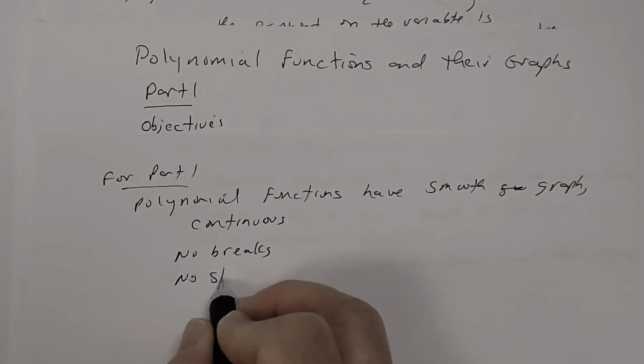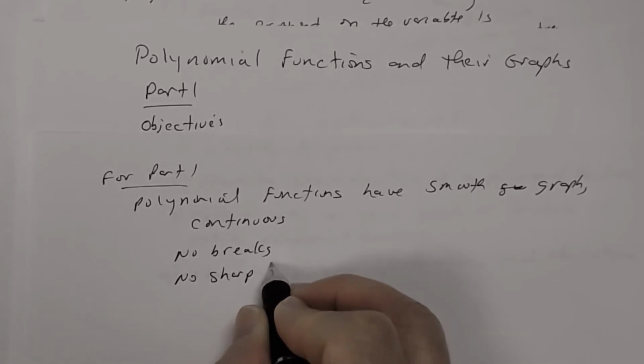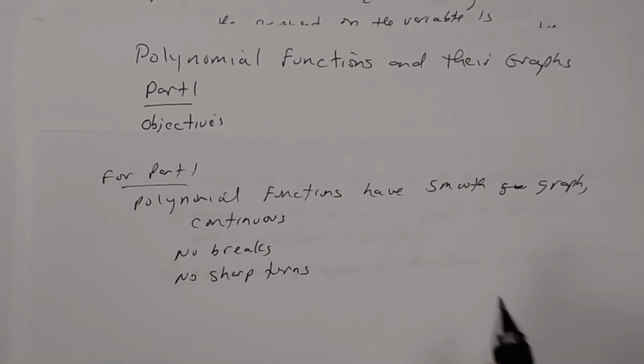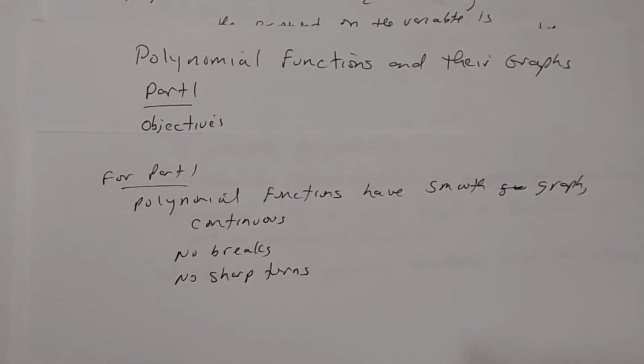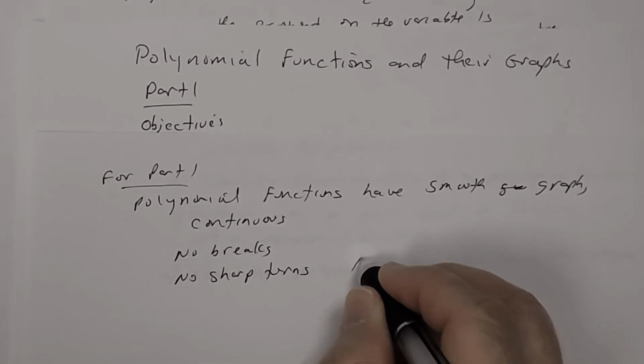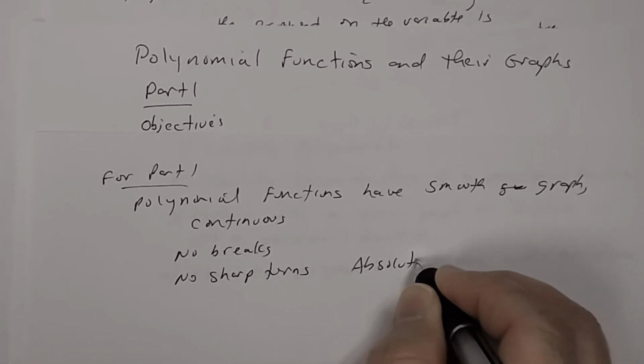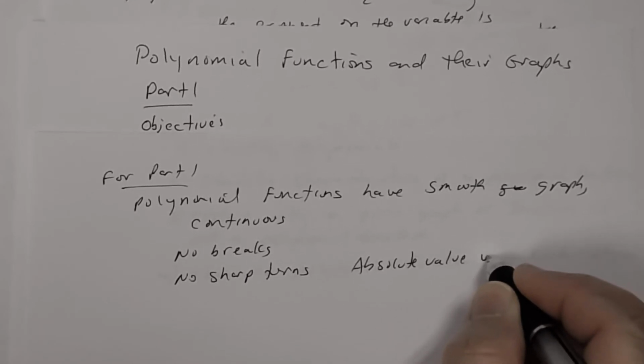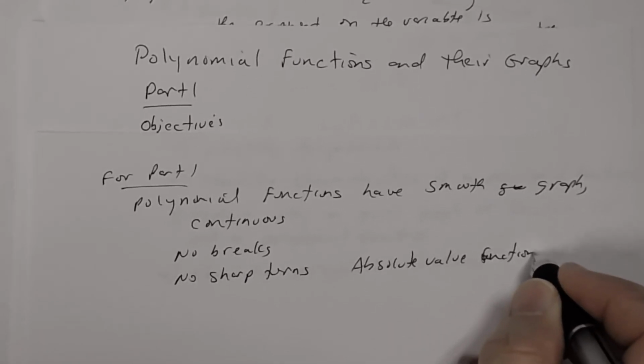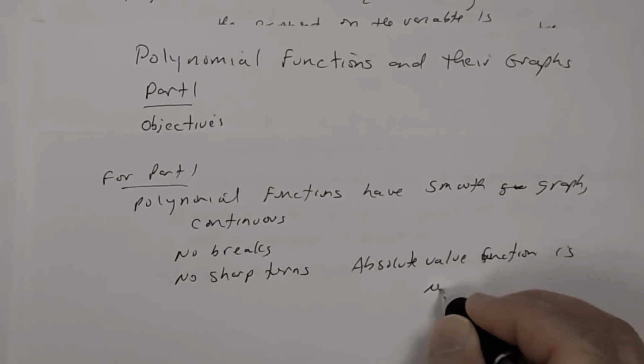There are no sharp turns, like the absolute value. Remember we said earlier the absolute value function is not a polynomial function.